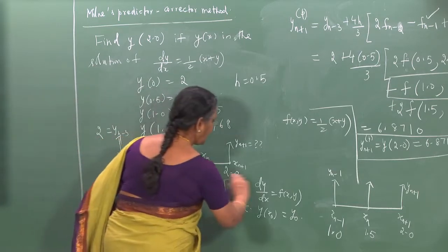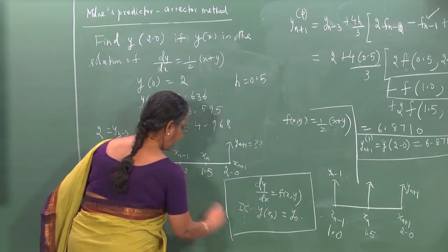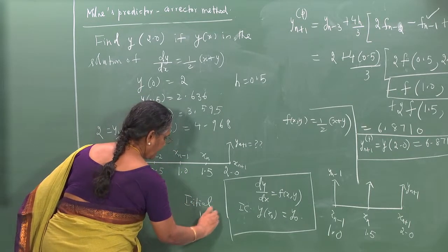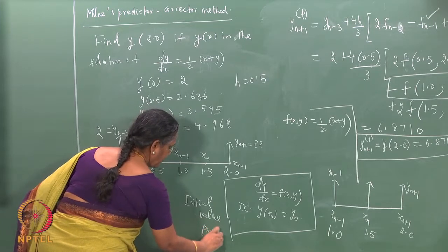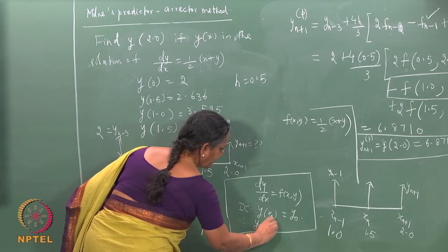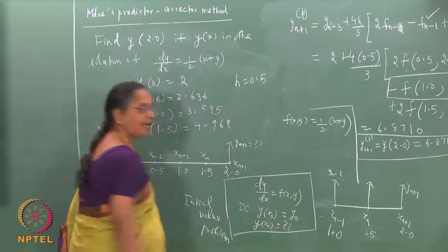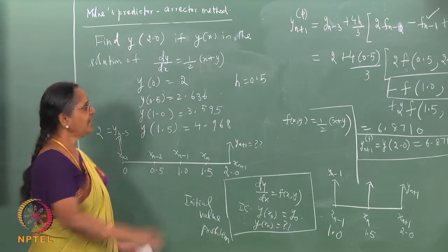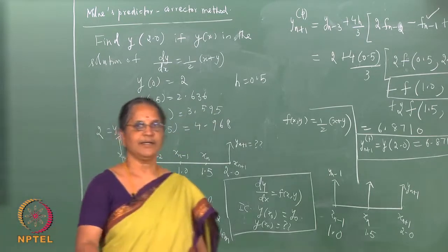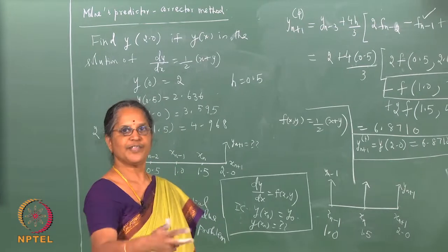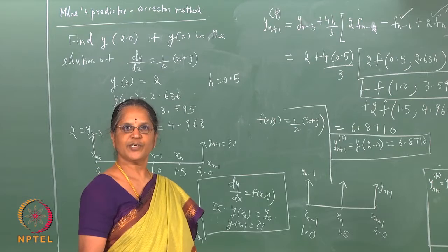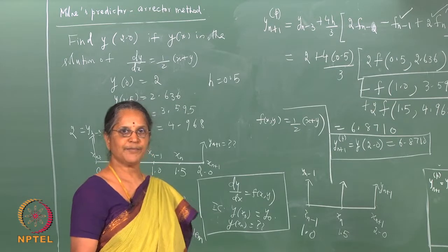This class of problems is called initial value problems. Given this information at x naught, we are asked to get the solution at some point xn, and we have developed some single step methods. We have also developed multi-step methods, and we have used them as predictor-corrector pairs, and we have been able to obtain solutions to initial value problems.